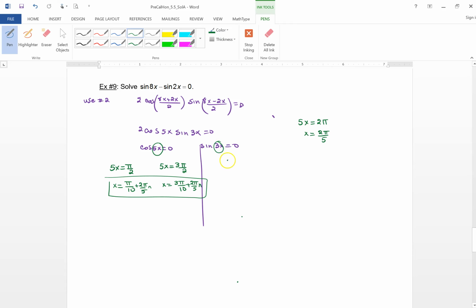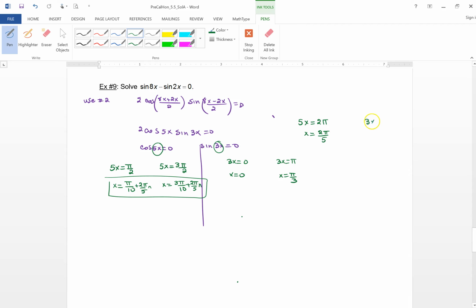This one, 3x must equal 0 or 3x must equal pi for the sine to be 0. That means x must equal 0 or x must equal pi over 3. Well, now the sine has a different period. It's 3x, so it's 2 pi over 3, right?